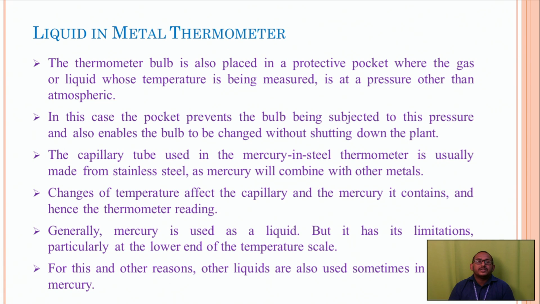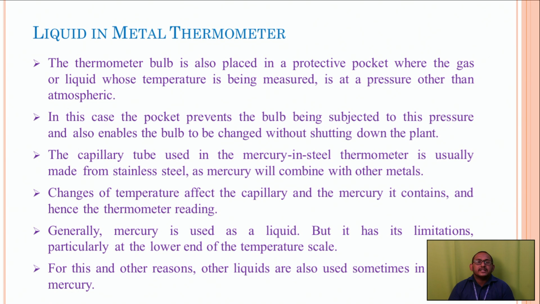Here the capillary tube used in the mercury in steel thermometer is made of stainless steel, since mercury will combine with other metals, and changes of temperature will affect the capillary and the mercury it contains, which affects the thermometer reading.